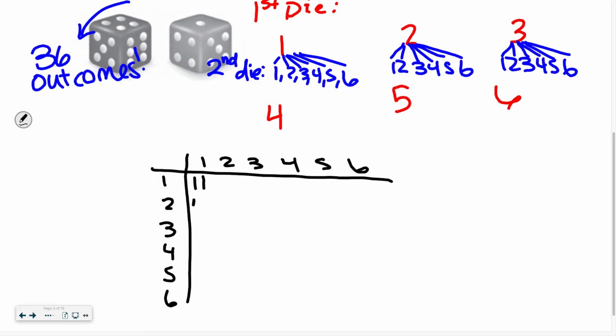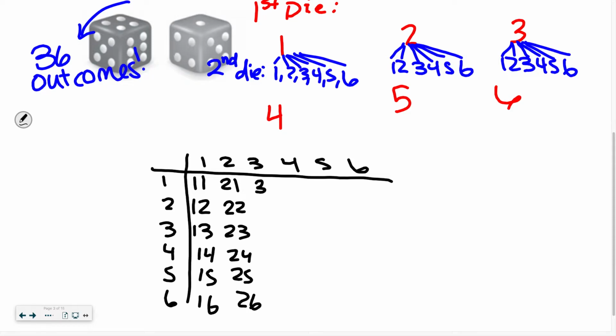So I could get a 1 and a 1, 1, 2, 1, 3, 1, 4, 1, 5, 1, 6. And then in this column, I would get a 2, 1, 2, 2, 2, 3, 2, 4, 2, 5, 2, 6. And if you want to go through in your notes someday and fill out all of that, you certainly can. But that's an easy way to generate what the 36 outcomes are.